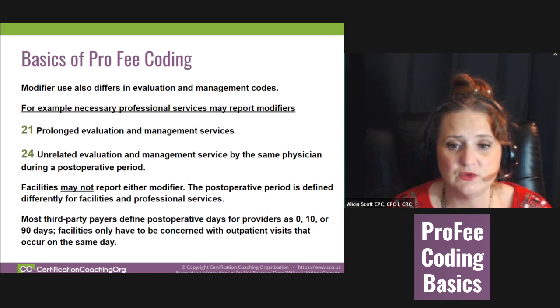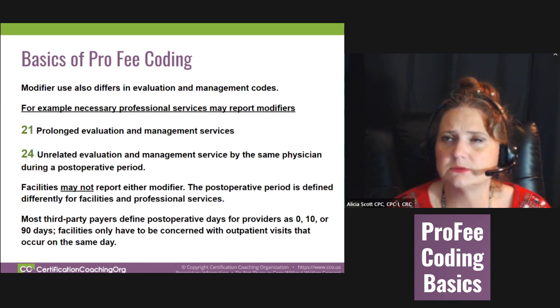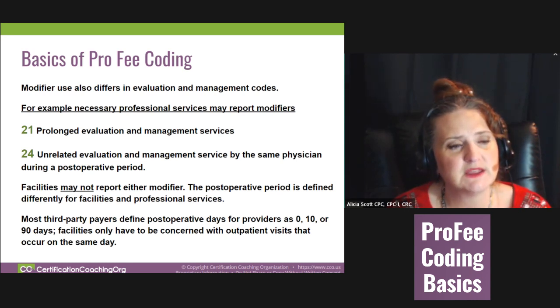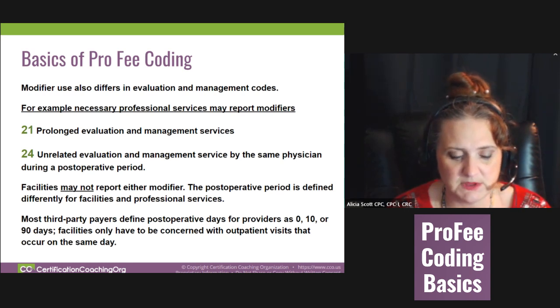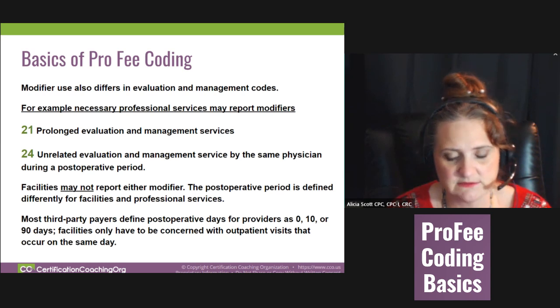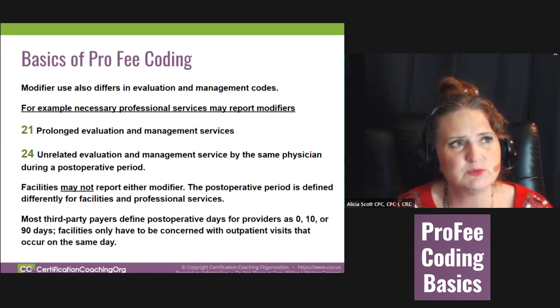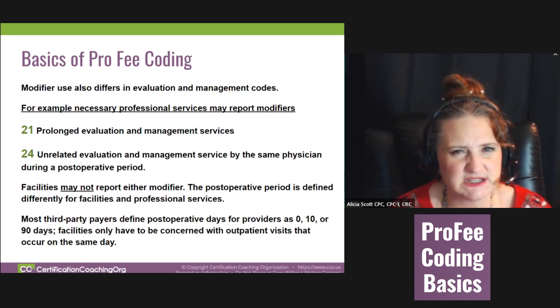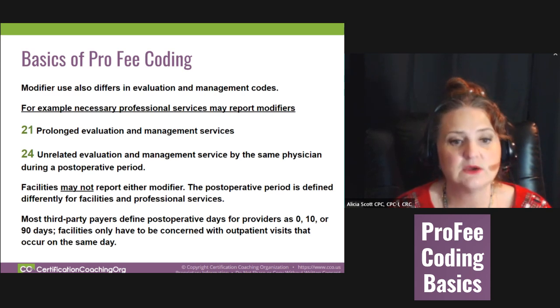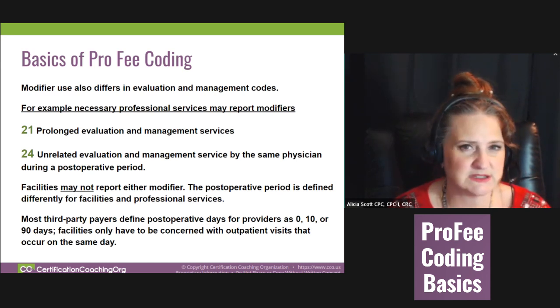Let's say something simple that wouldn't be major surgery, I don't know for sure, but let's say you put tubes in the ears for a child. I think that may be just 10 days. I don't think it's 90 days. It would be something you need to go look up, because I'm not sure.